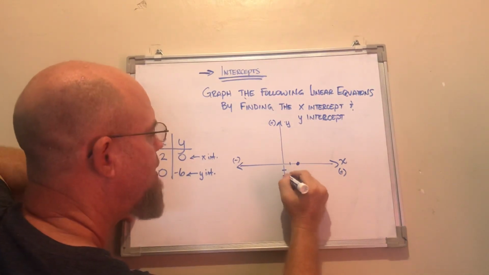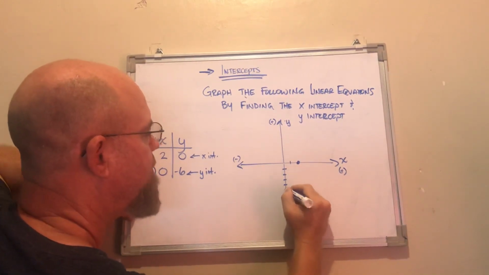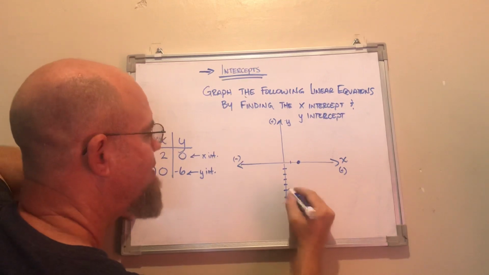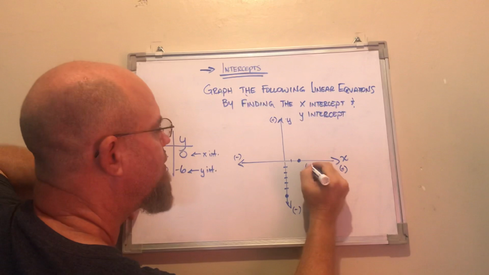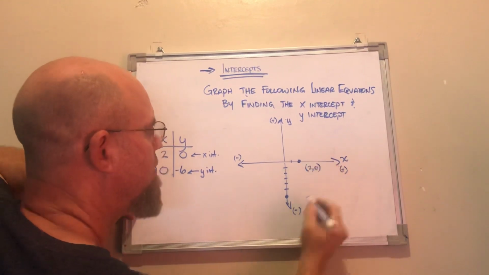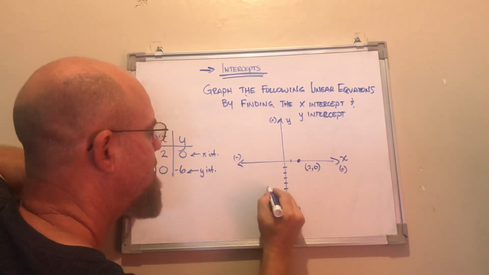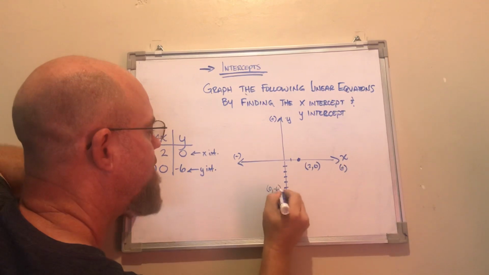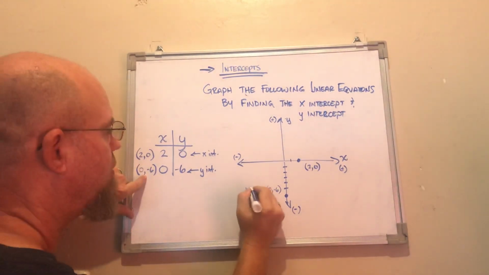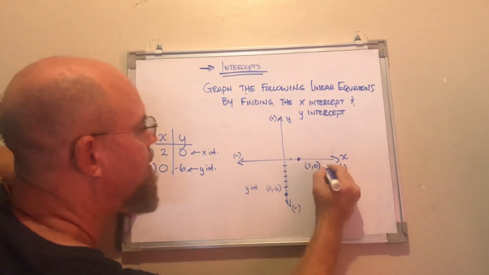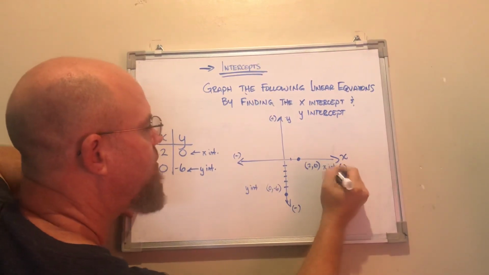So that's -1, -2, -3, -4, -5, -6. All right? So this point is (2, 0). This point is (0, -6). This is my y-intercept, and this is our x-intercept.